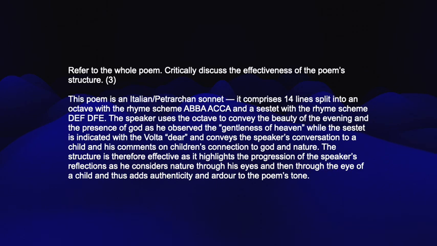The speaker uses the octave to convey the beauty of the evening in the presence of God as he observes the gentleness of heaven, while the sestet is indicated with the volta, Dear Child, and conveys the speaker's conversation with a child and his comments on children's connection to God and nature. The structure is therefore effective as it highlights the progression of the speaker's reflections as he considers nature through his own eyes and then through the eyes of a child, and thus adds authenticity and ardor to the poem's tone.